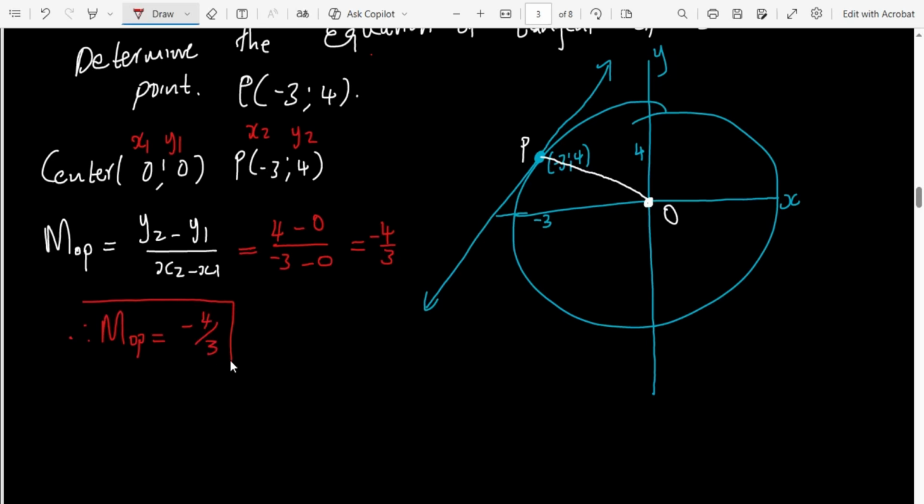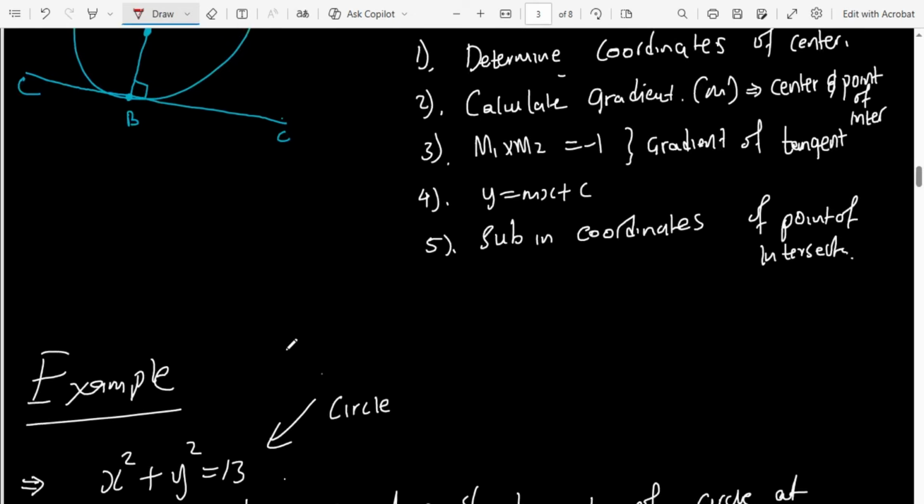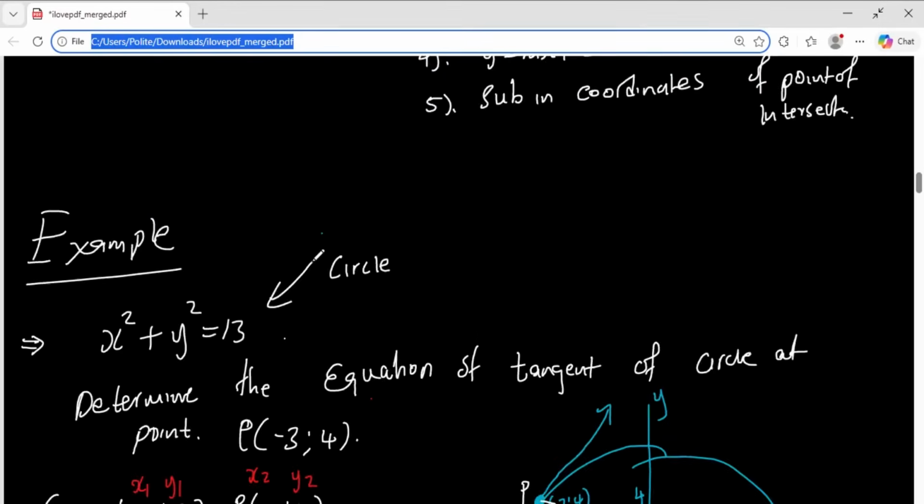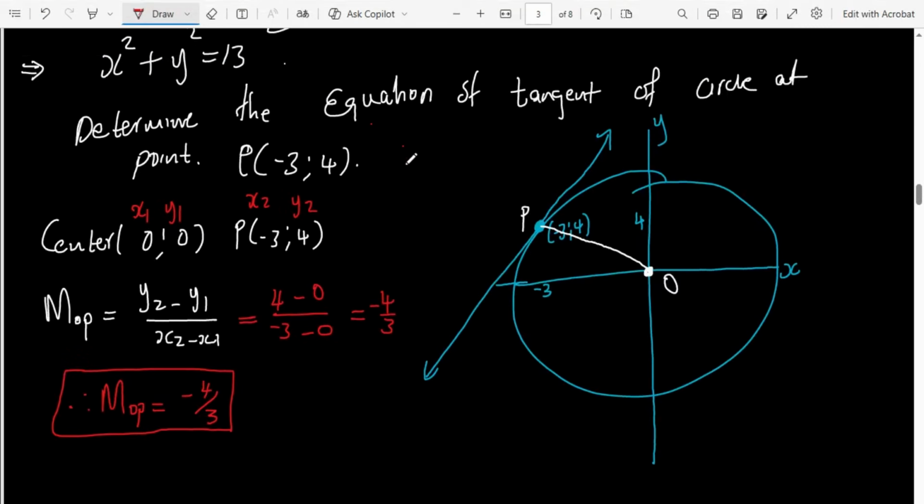Okay, so that is the gradient of OP. Remember, when you have the gradient of the center and the point of intersection, we then need to use a formula to find the gradient of the tangent. That's what we need to do next.